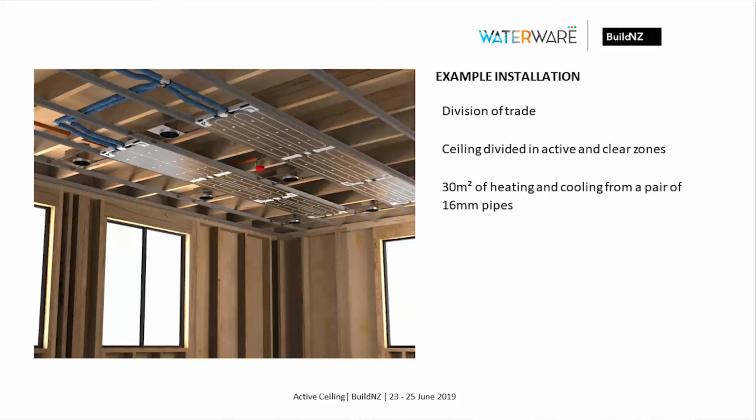So here's an example of how it's physically managed on site. The way the system's set up is depending on what coverage you need. Let's say, for instance, a heating application, and you need 40% coverage to meet your heating load. Then you set your ceiling up using either rondo or standard wooden battens.